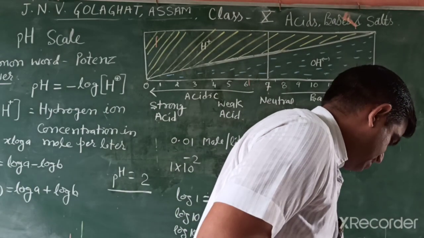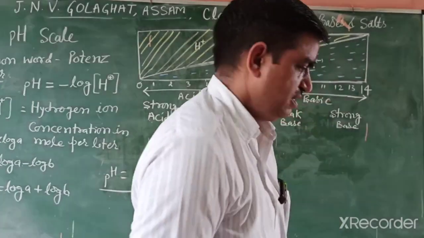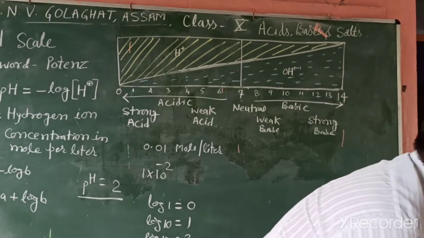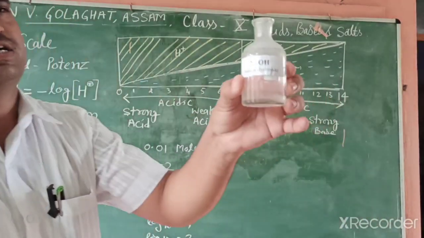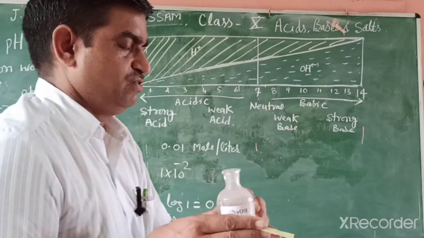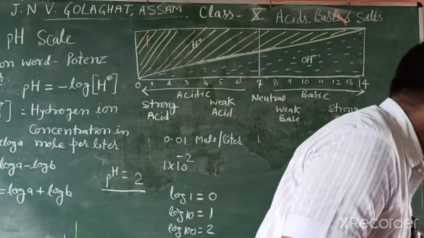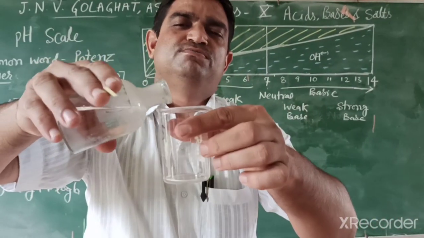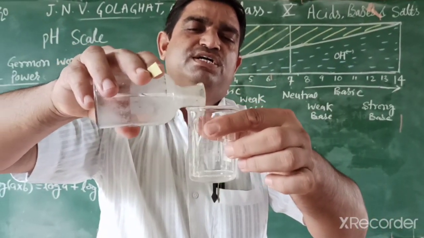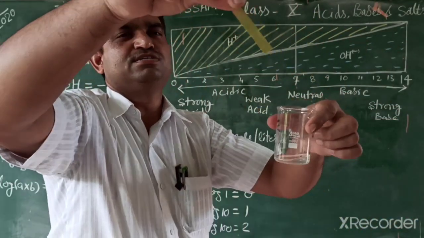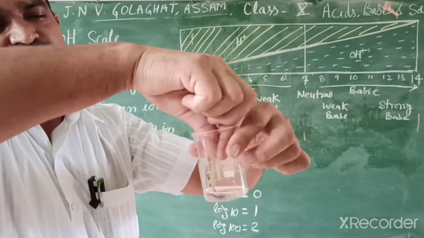If we dip this strip in sodium hydroxide solution, this one is sodium hydroxide, and sodium hydroxide we earlier know is a strong base. So how can we confirm? We put some sodium hydroxide in this beaker and dip this pH strip in this.